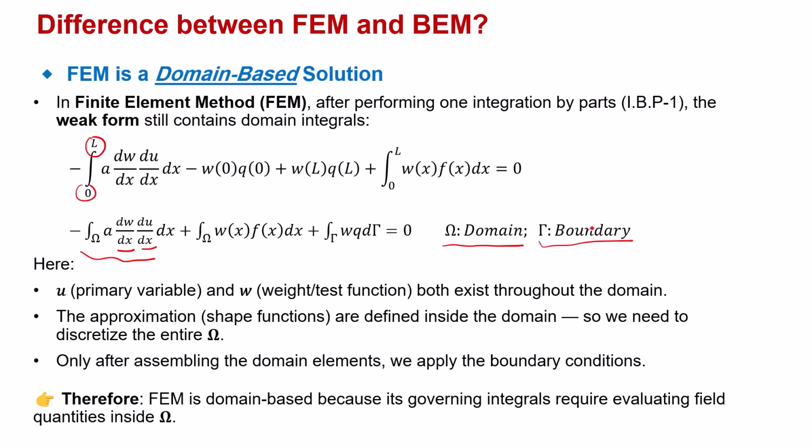Because of that, the domain has to be discretized into elements, and only after assembling those elements do we apply the boundary conditions. So the finite element method fundamentally depends on what's happening inside the domain, not just along the boundaries. That's why we say FEM is a domain-based solution, and it requires evaluating the field quantities everywhere inside the region omega, as you can see in this integral here.